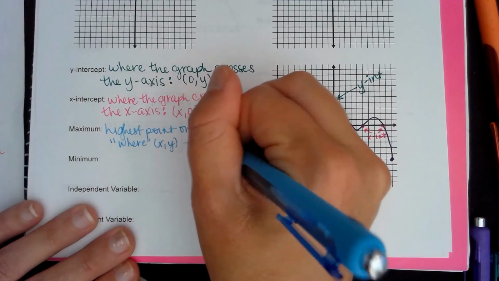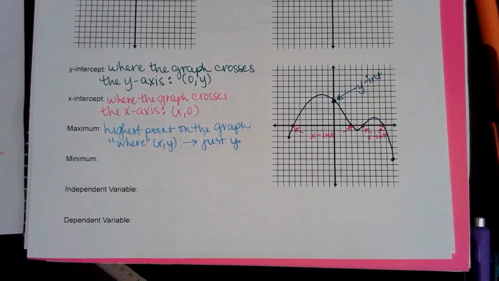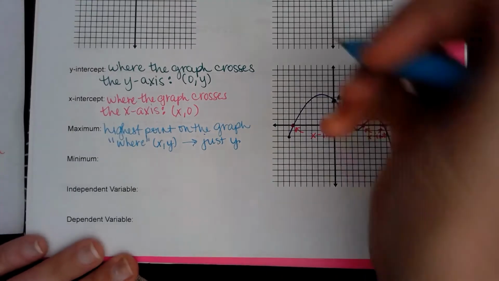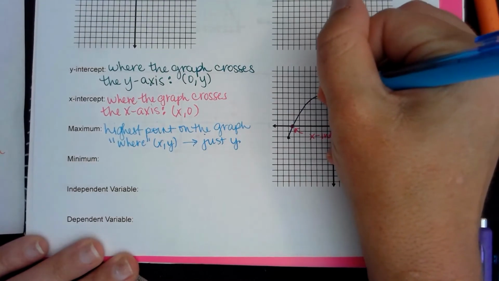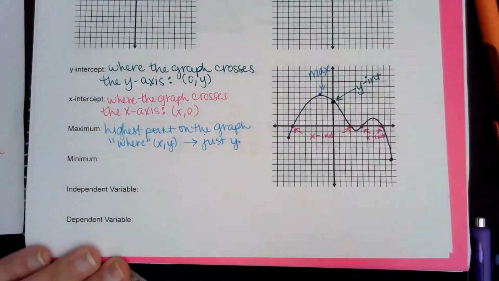Otherwise, it's just y. Like, what is the maximum? Then you would just put the y value, because the maximum height is just the y. But if it's saying where, then where is always a location. Okay. And so for this one, let's see, looks like that is our maximum.